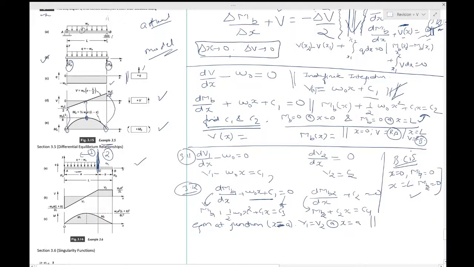Similarly, mb1 will be equal to mb2 at x equal to a. Once you insert all of it, you should be able to find the other two remaining constants, and you will be able to find v1, v2, m1 and m2.